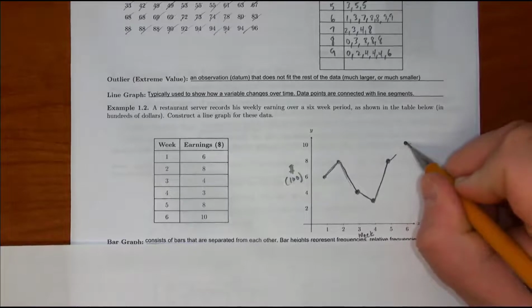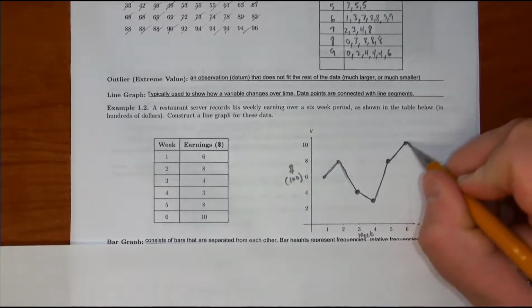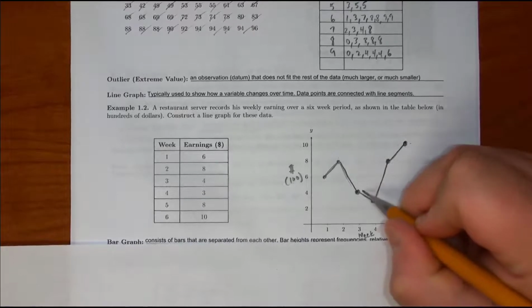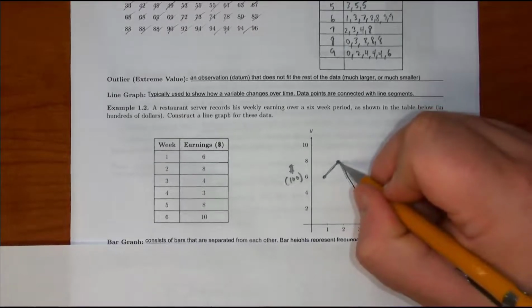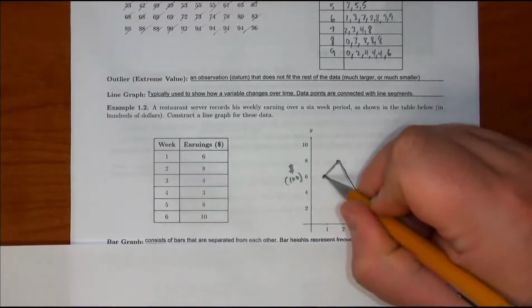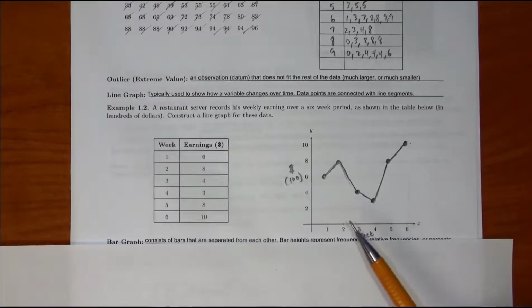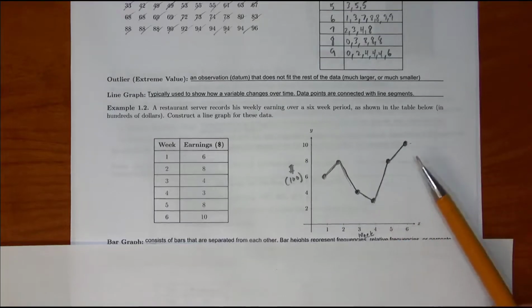Always think that the whole point of a graph or chart is to allow the reader to quickly gain information about the data set. So here we can clearly see that he had a little spike in week 2, then there were a couple slow weeks, and then towards the end of the time period, the last couple weeks, the earnings went up.